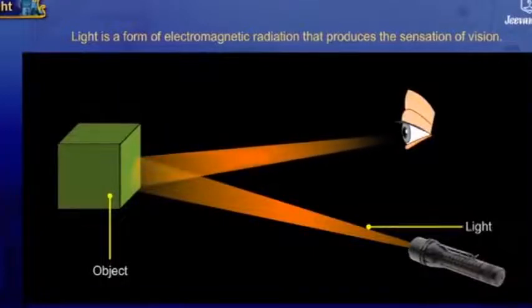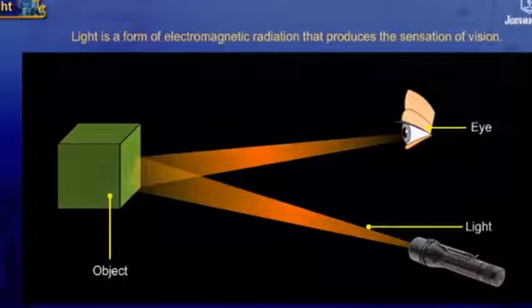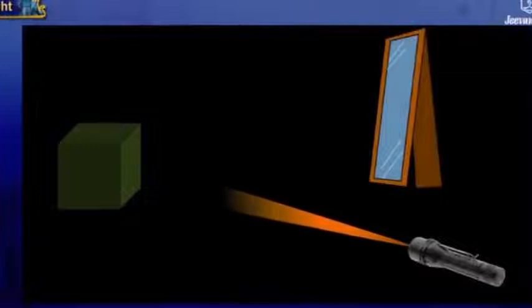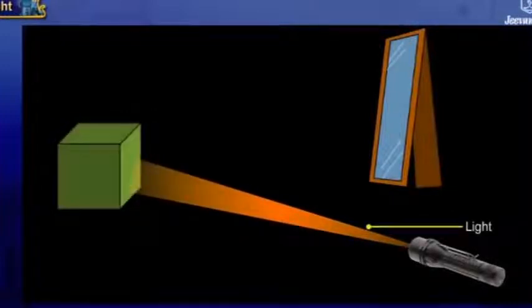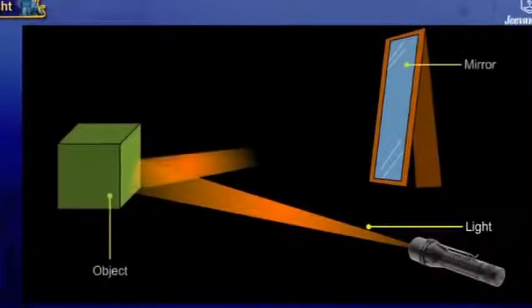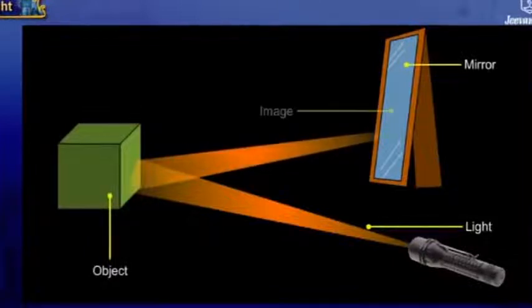That hitting and coming back of the light is known as reflection. In the picture you can see this, or you can keep an object in front of you and see that the light comes back. That is known as the reflection of light.